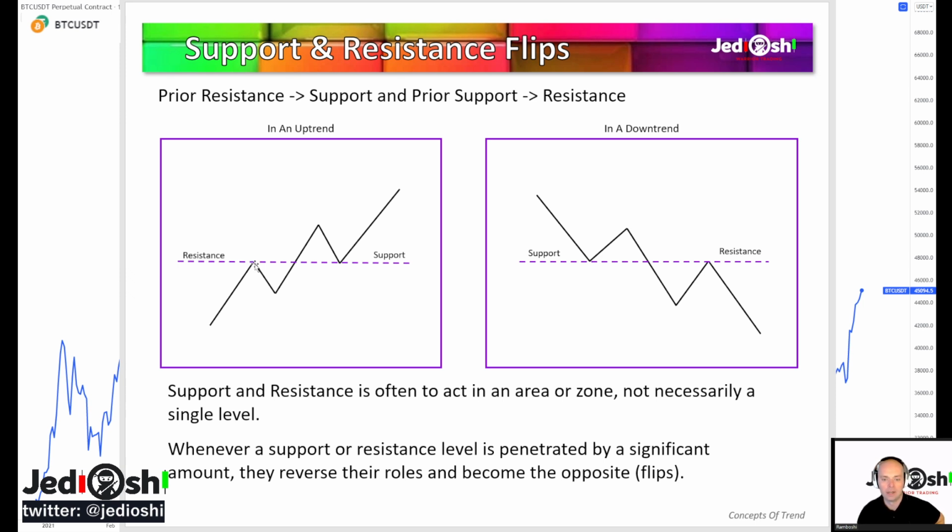It can be more of an area than a hard line, but this whole concept is something that you need to understand so well that when you look at a chart, you say, okay, yeah, that's support. Where are my supports? Where are my resistances? And then you kind of go from there. And these are the key levels that prices tend to act around most often.